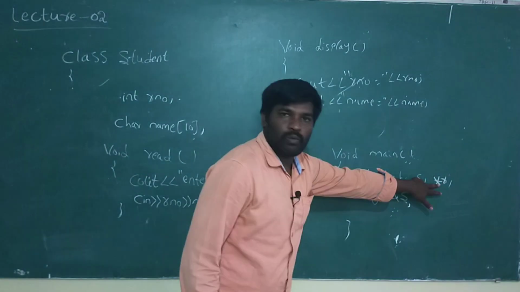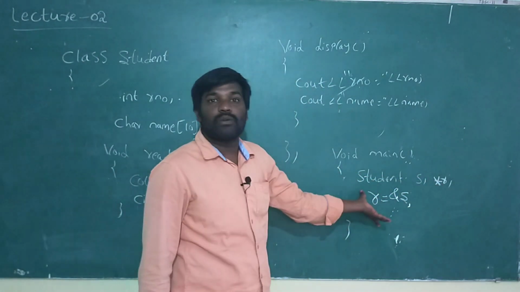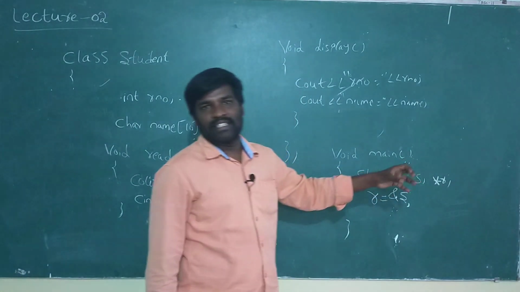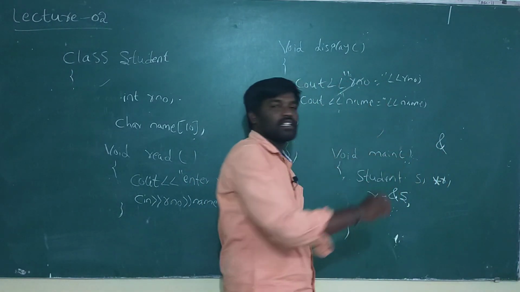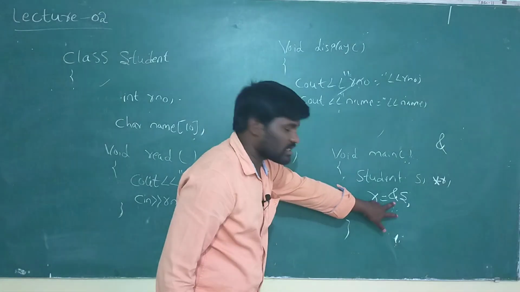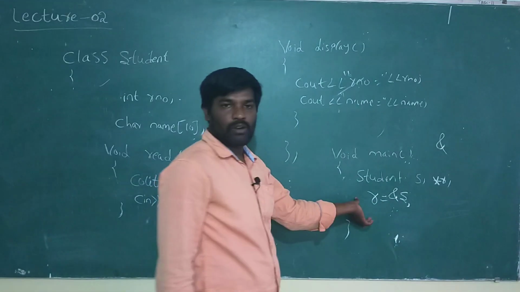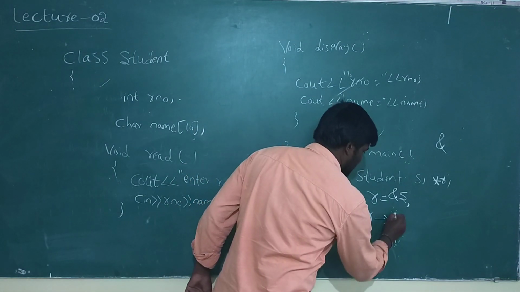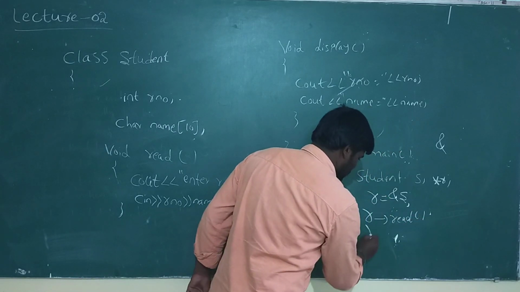Here r is a pointer object variable, so this variable holds the normal object's address. How to identify the address? The identification of an address is simple: this is the address operator. Here the address of the s object is stored in the r object. Then r->read. With the help of the arrow mark, we can call the function.